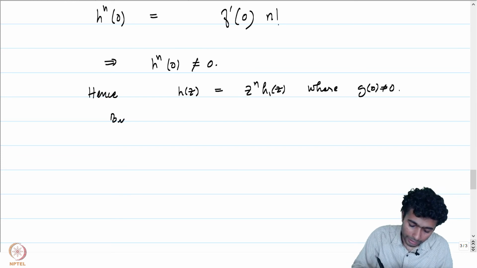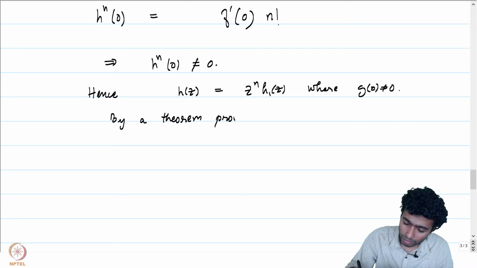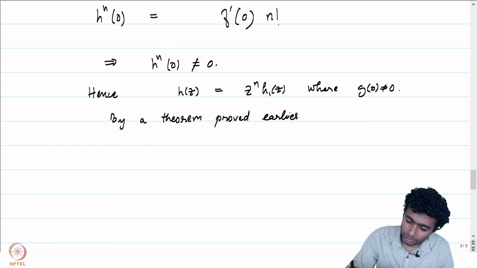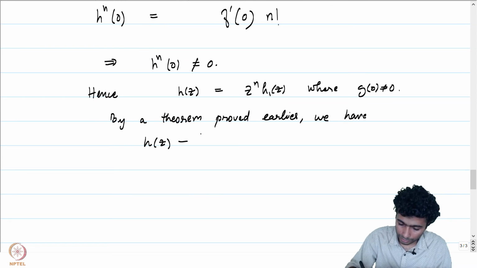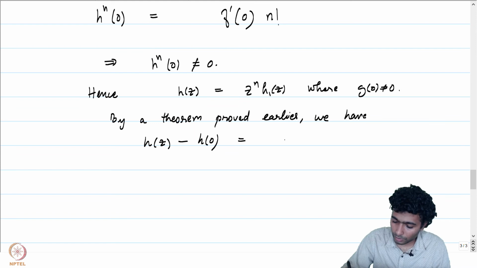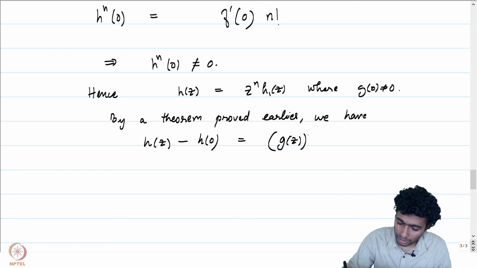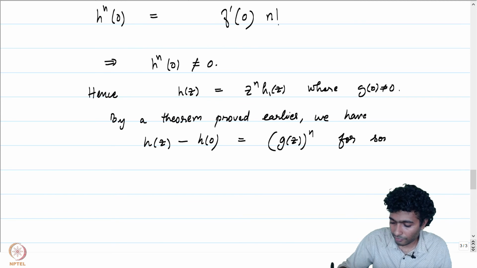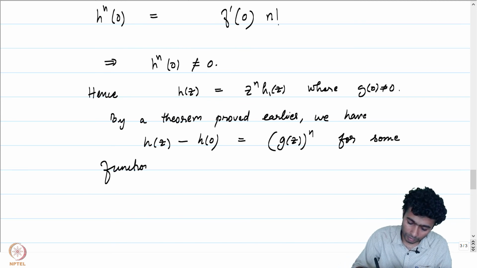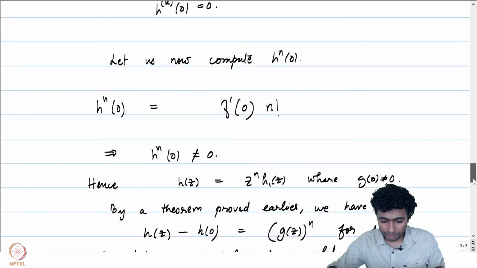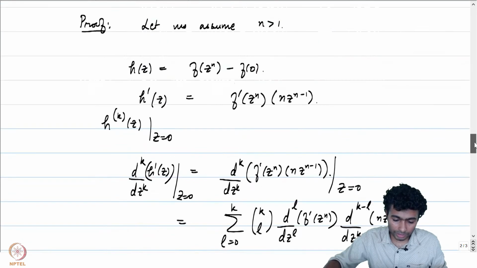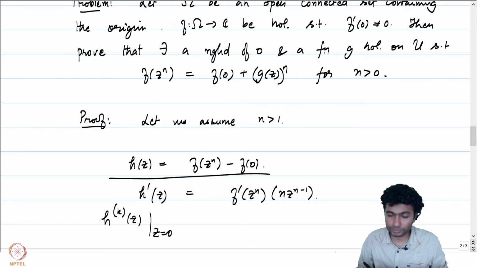So by a theorem proved earlier, on the local behavior of a holomorphic function around a given point, we have h(z) minus h(0) is equal to g(z)^n for some function g holomorphic in a neighborhood of 0. But what was our h(z) minus h(0)? Notice that h(0) is already 0, and our h(z) was exactly equal to f(z)^n minus f(0).